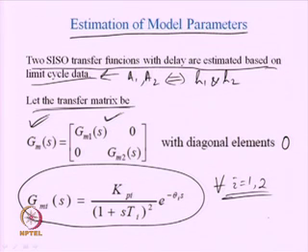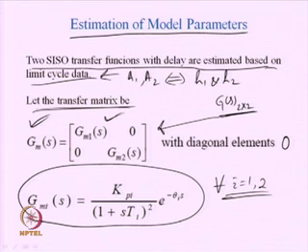So, this is how the dynamics of the 2 by 2 system can be identified by two single input single output subsystems which have got the transfer functions GM1(S) and GM2(S).